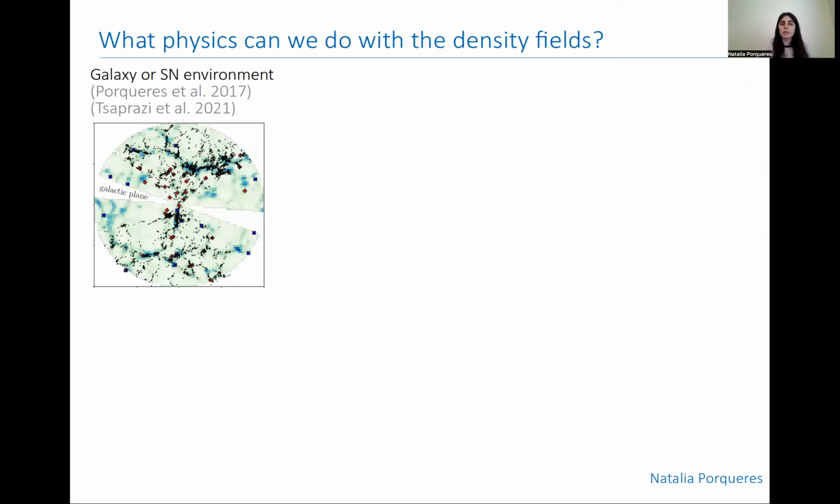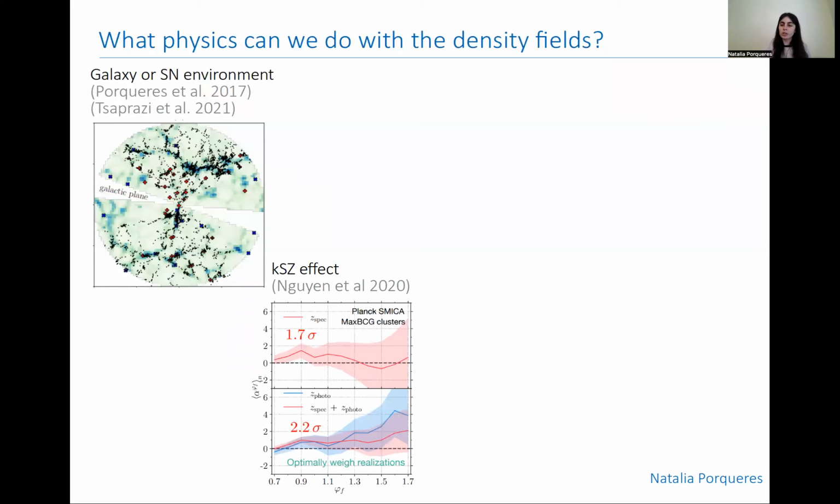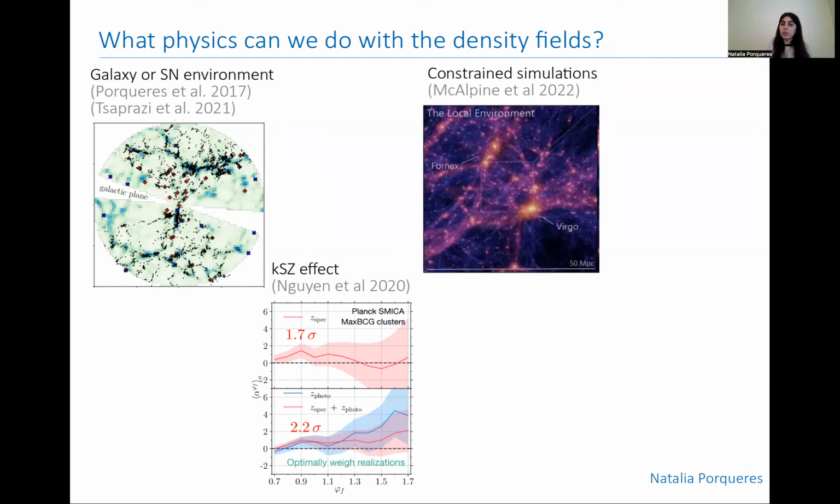There is a lot of physics that we can do with this dark matter distribution. We can use it, for example, to study galaxy environment or supernova environment. We can cross-correlate it with the CMB to study the TSZ effect. We can also use the initial conditions to run constrained simulations, and then we would have the coordinates of the objects that we see in these hydrodynamical simulations, because this is inferred from data, so it should correspond to the actual universe.